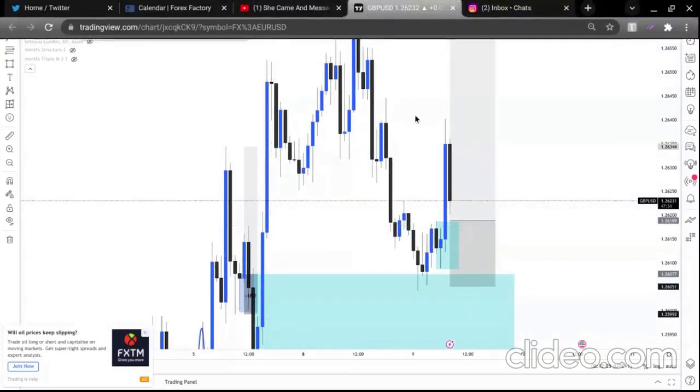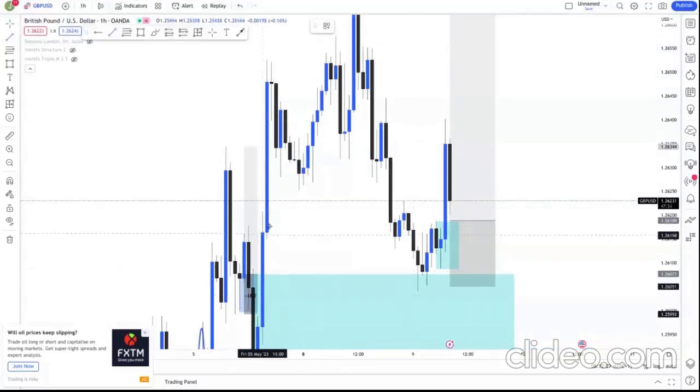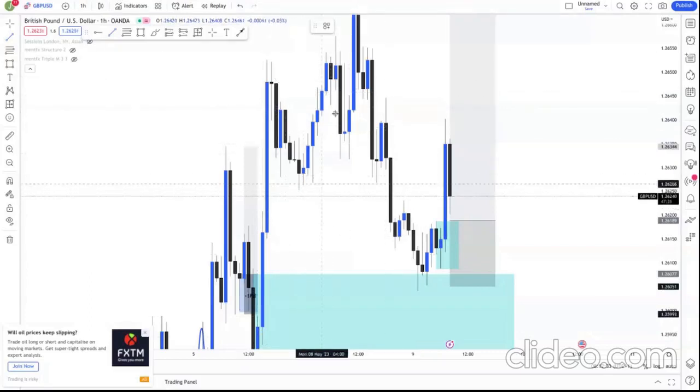This demand, break of structure, you see price impulsive break to the upside, price goes up, retraces back, fills up this imbalance, goes up a bit, retraces back, comes to fill more than 50% of this imbalance.